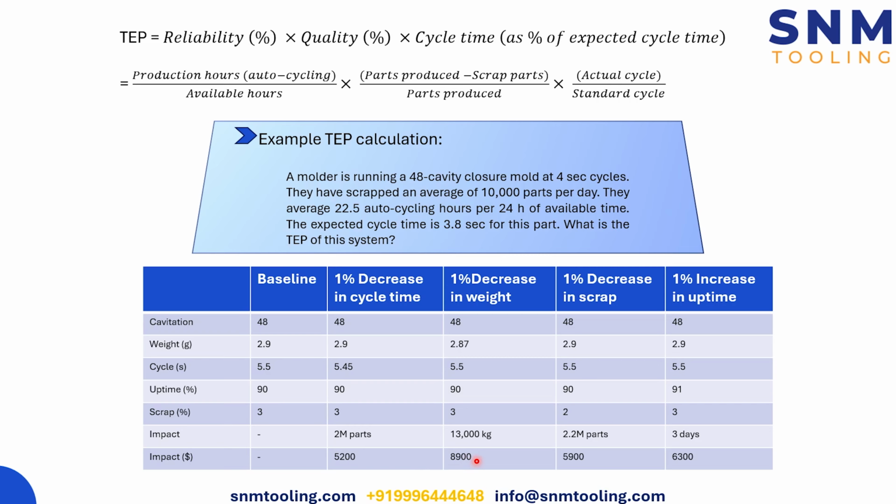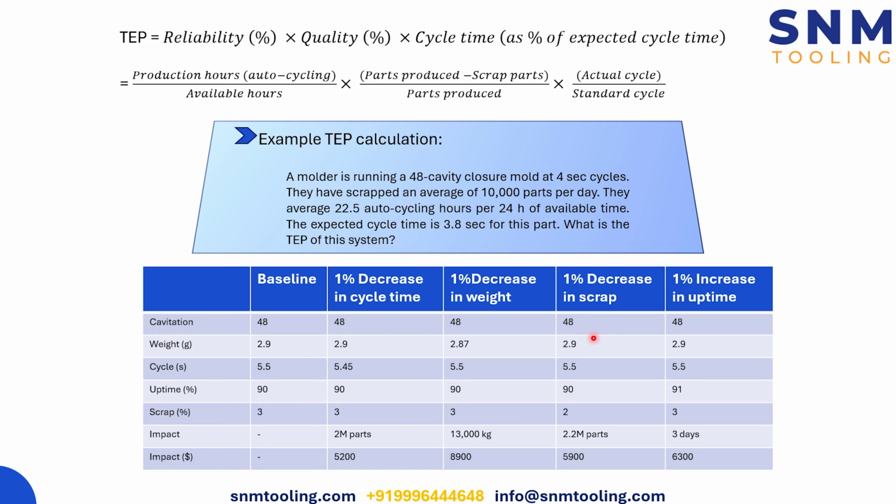So there is a concept called value analysis or value engineering in production, wherein we optimize certain parameters to reduce the total cost, right? Next, if we decrease the scrap by 1%, right? Everything's going to remain the same.